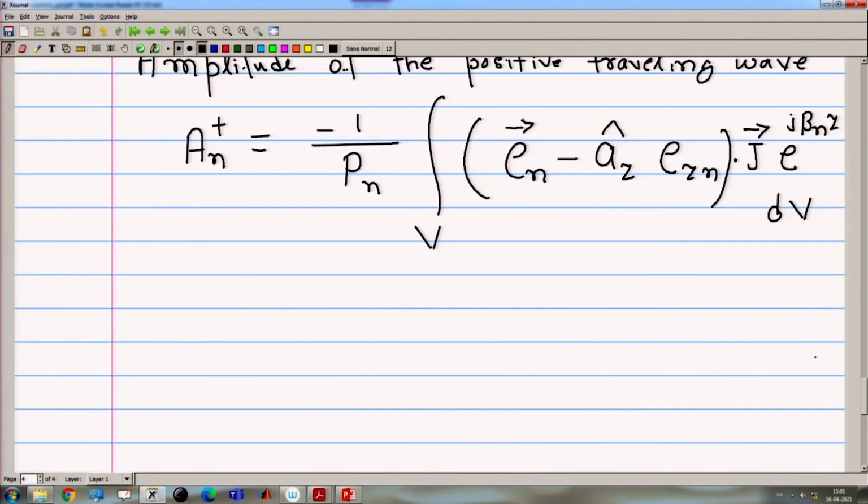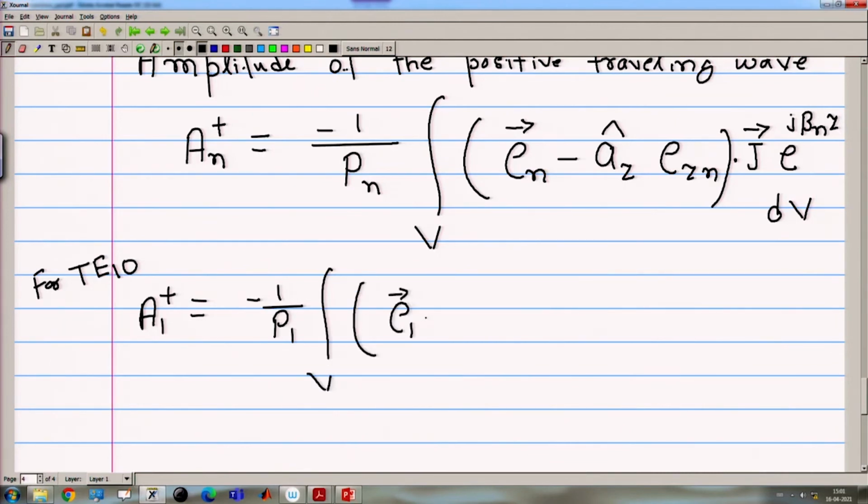So for the T10 mode, it can be written as a n plus equal to minus 1 by P1 volume integral of E1 minus Az Ez1.